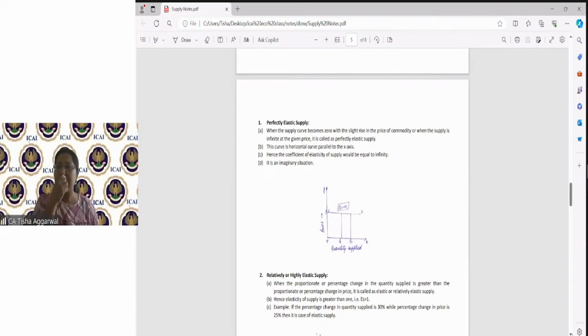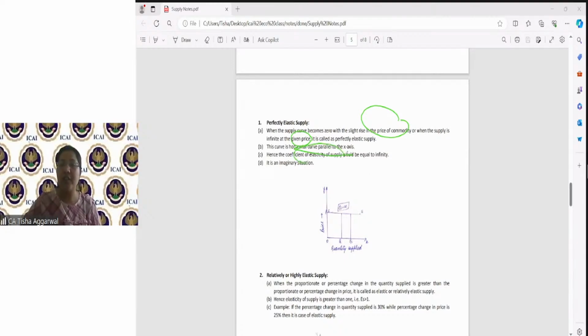In the perfectly elastic supply, the curve is horizontal, parallel to the x-axis. Okay.